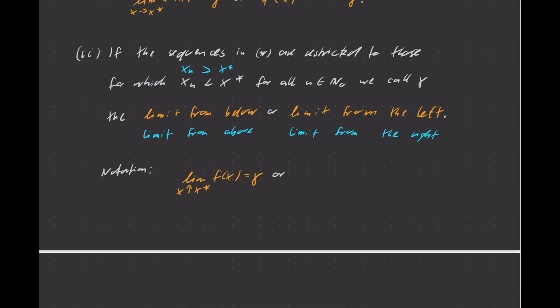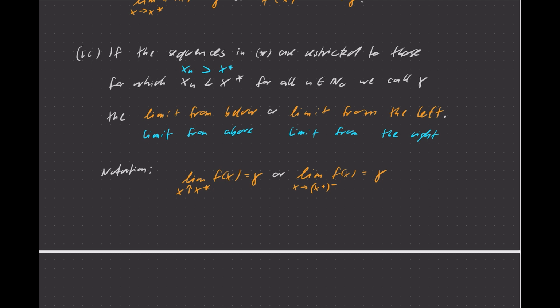Or sometimes we also write limit f of x equals gamma. We use x to x star, and then we denote the limit from below by adding a minus superscript here to the x star.